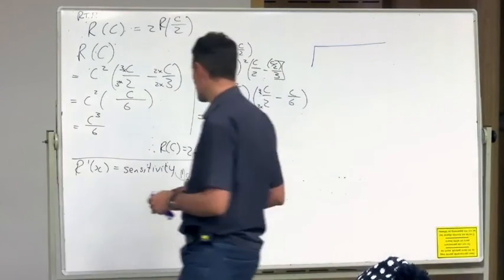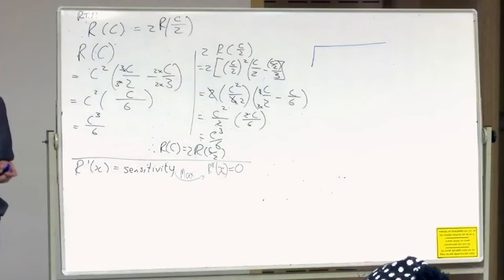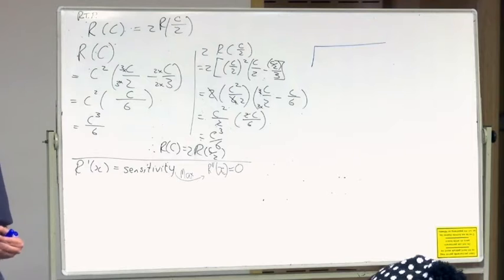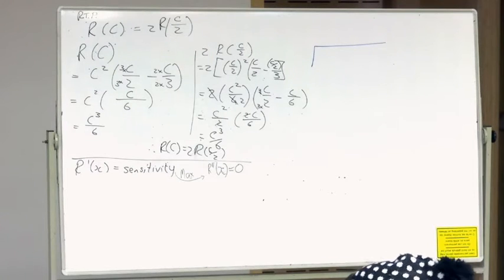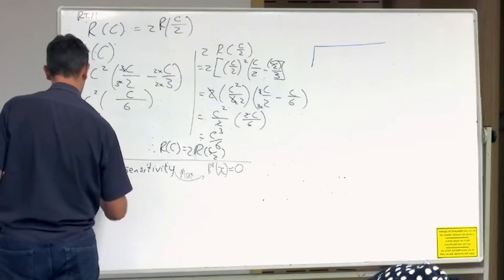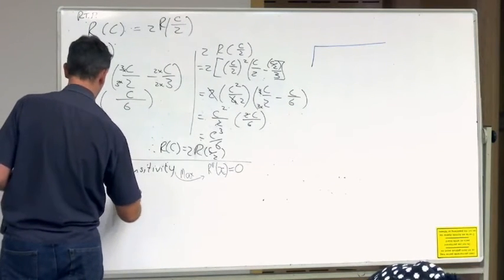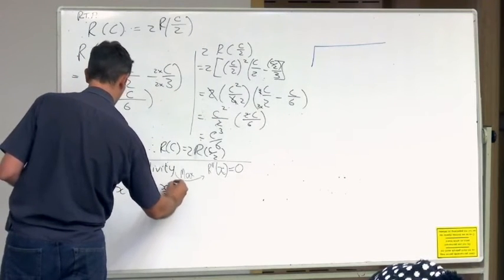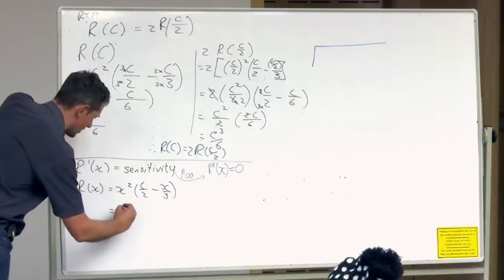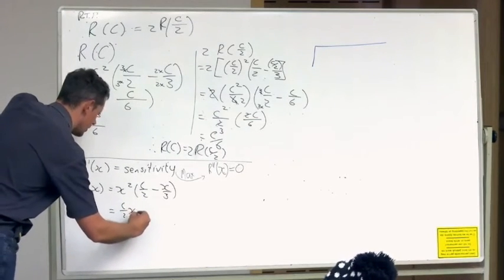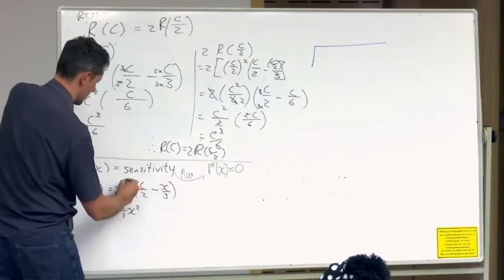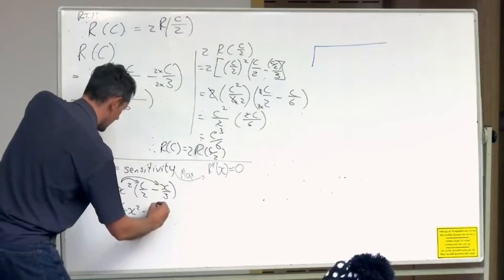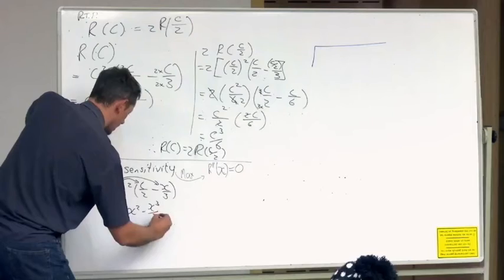So let's quickly work through this. But there I now have all of the mountains standing in my way. I first of all need R accent of x. But to get R accent of x, I've got to first go to R of x. And I've got to simplify. C over 2 minus x over 3. So if I simplify this, it gives me C over 2 x squared minus x to the 3 over 3.